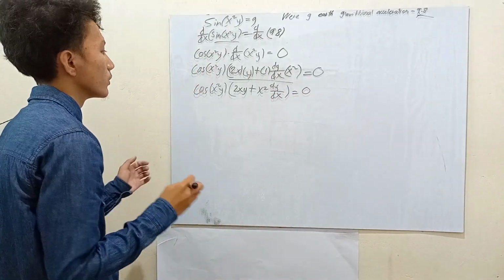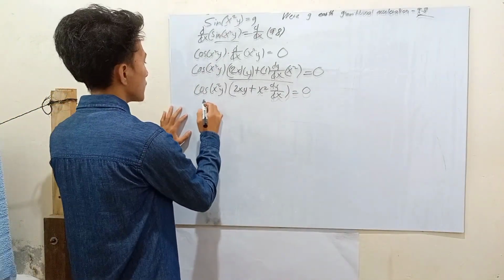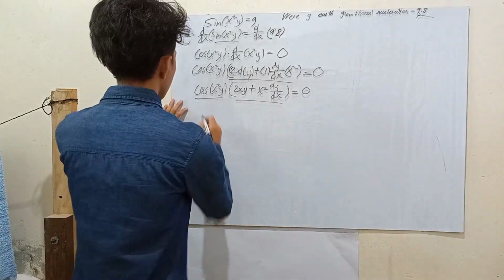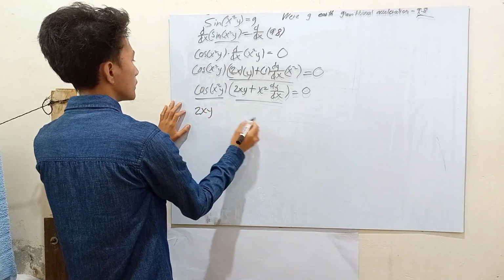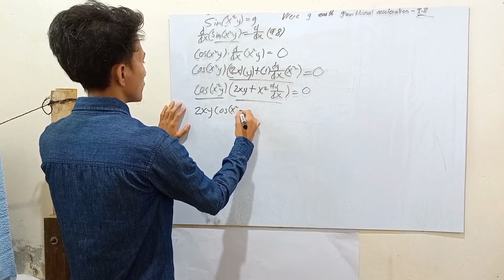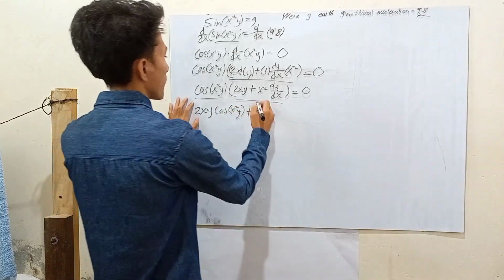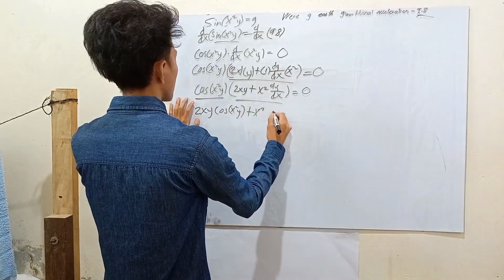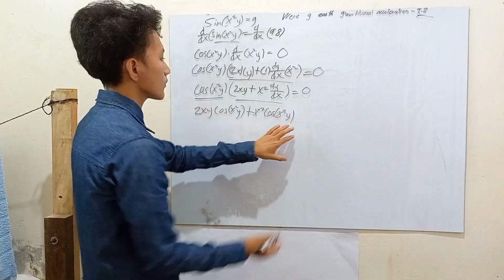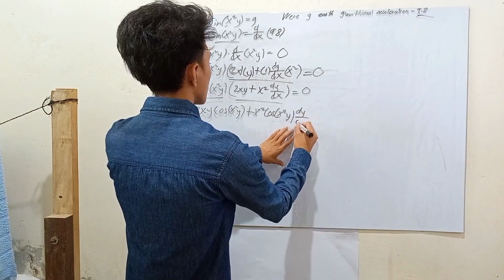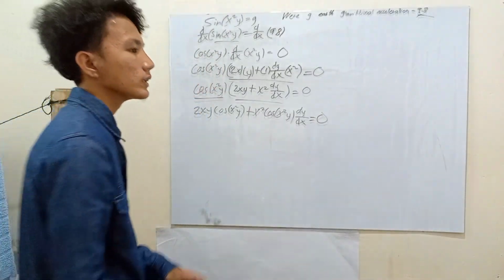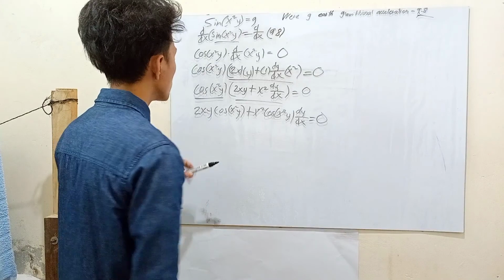Then the next step is we distribute this to this term: 2xy, copy this, cos x squared y, plus x squared cos x squared y dy over dx equals 0.